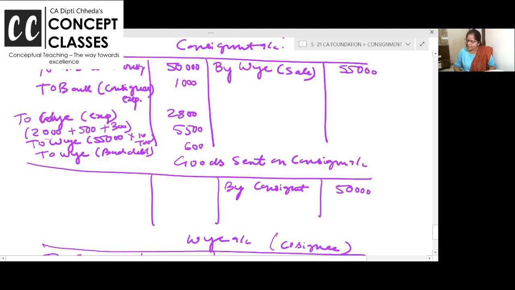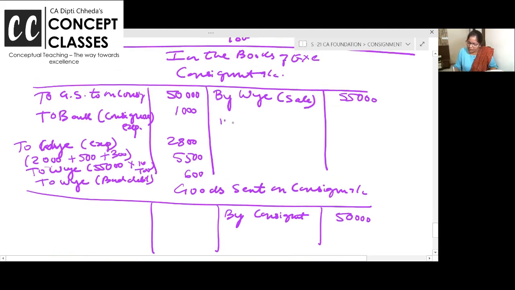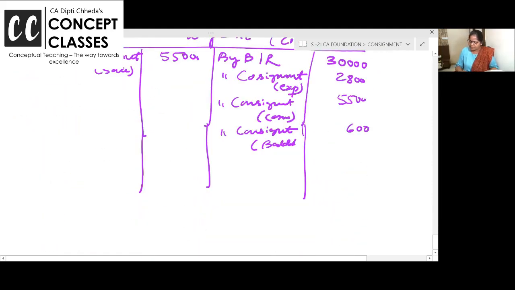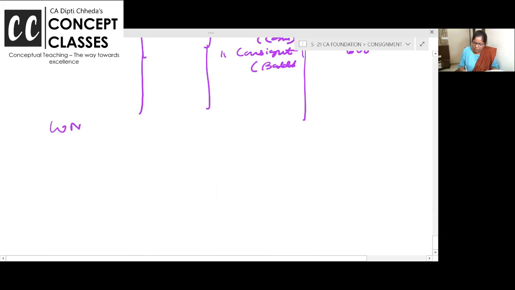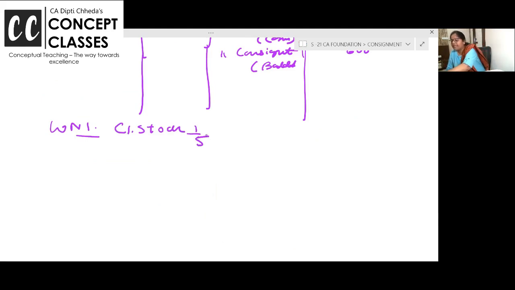Last, that's it. Now before we close, we have to do closing stock. 4/5 goods are sold, so 1/5 is in hand. Working note 1, closing stock. 1/5 goods are there with the consignee.